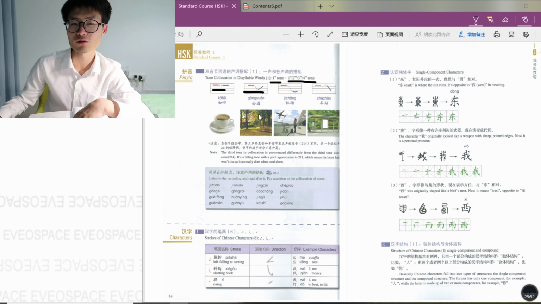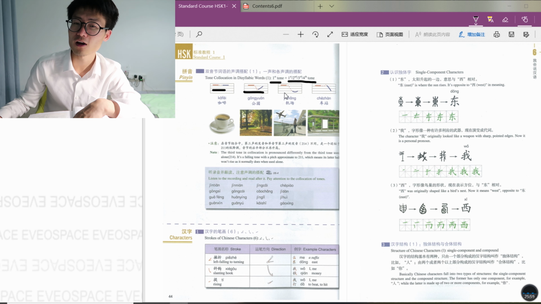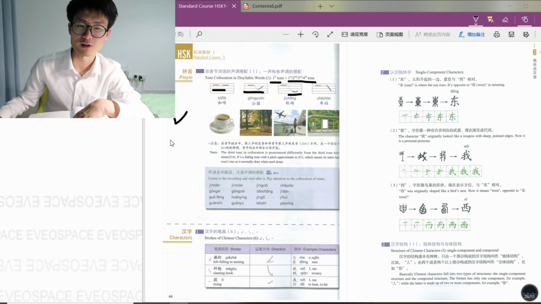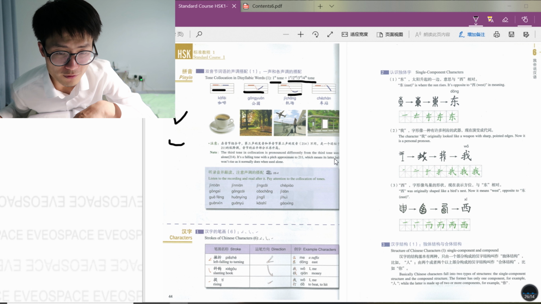Okay, it's usual. But if you see a first tone and a third tone, then the third tone would seem like this. It's not rising. It's like this.